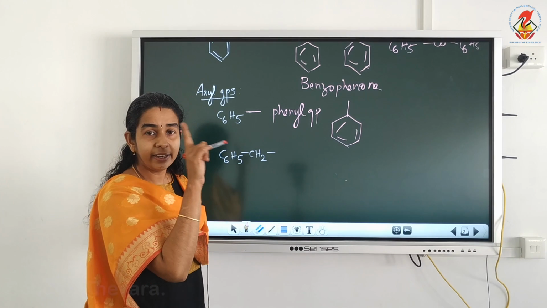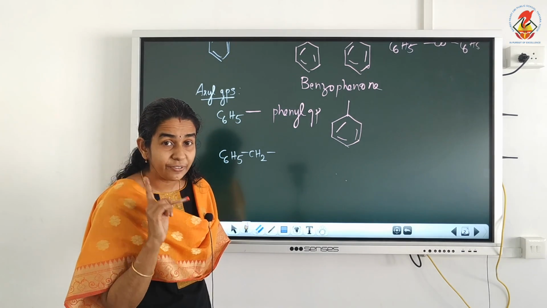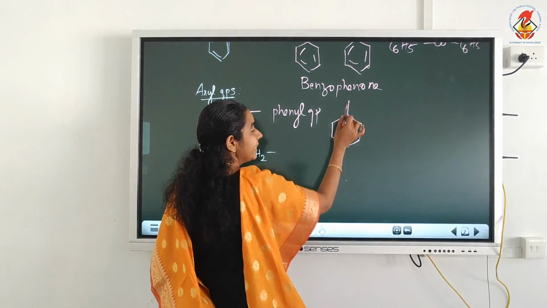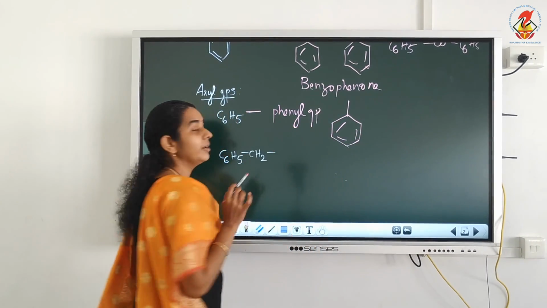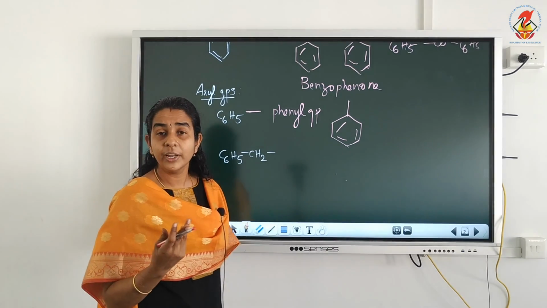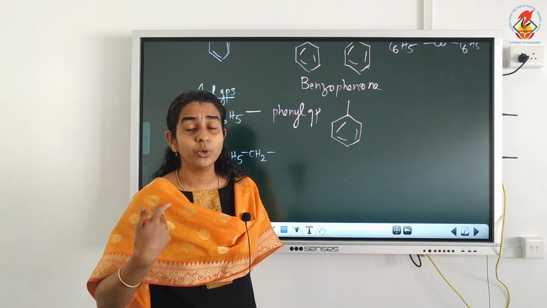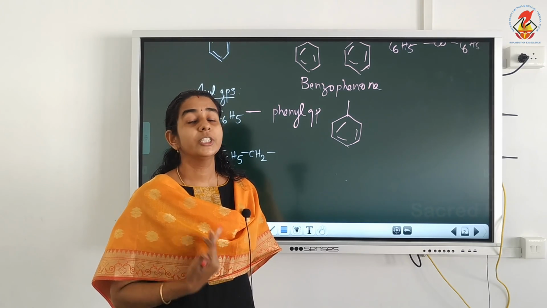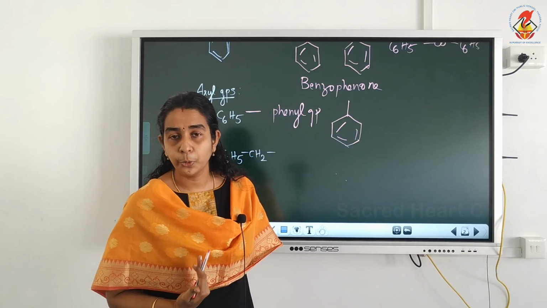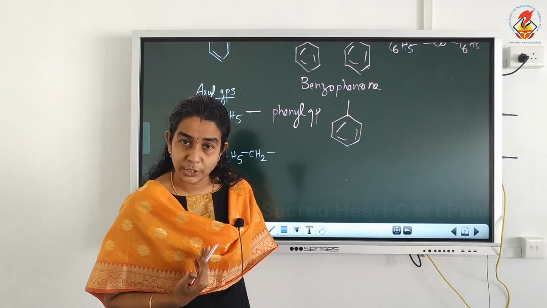So that dash is actually representing the free valency only. When benzene comes as a parent, we can call it benzene. When it comes as a branch or substituent, what is the name? It is the phenyl group, and the formula is C6H5.